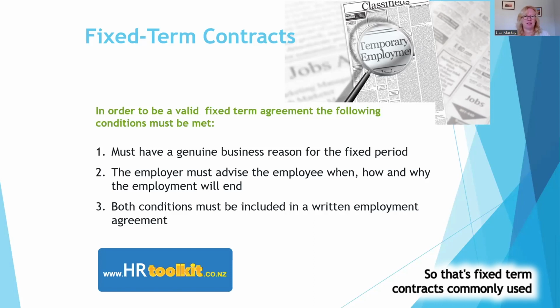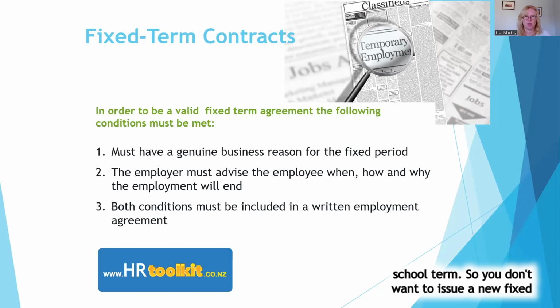So that's fixed term contracts, commonly used for maternity cover, things like that. But you can also use fixed term contracts, for example, for the busy summer period. That might be a way to deal with that. But an alternative, if you've got people who are regularly coming back, schools are quite a common one, because you might have no work during the holidays, but lots of work during the school term.